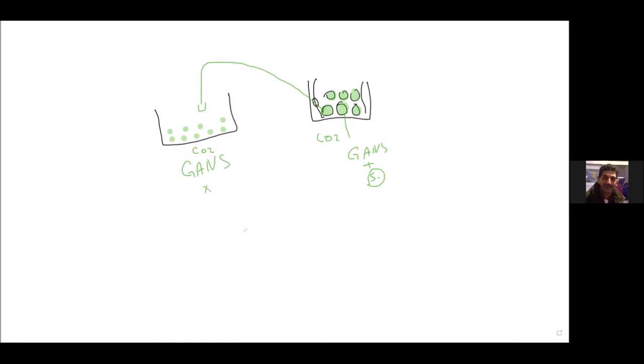What I have now: this one, gravitational, and this one, magnetical.